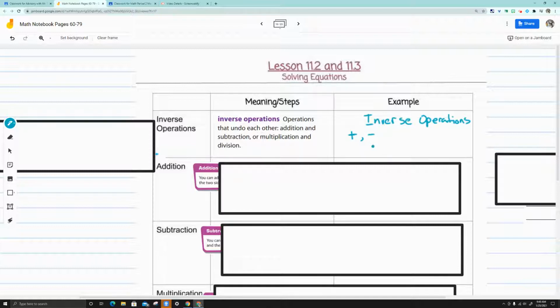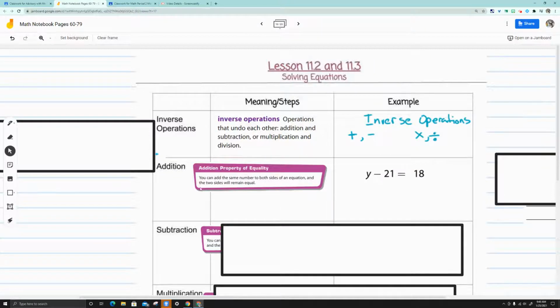Addition is the inverse of subtraction. And then we also have multiplication is the inverse of division. You could also say that subtraction is the inverse of addition, and division is the inverse of multiplication. They are opposite operations.